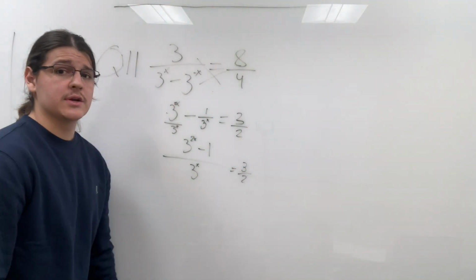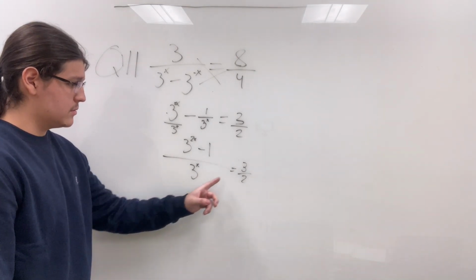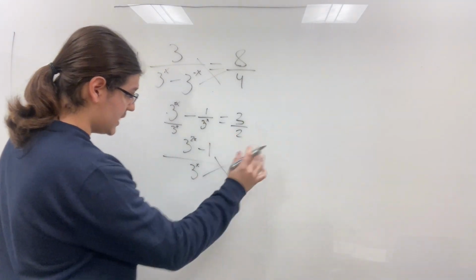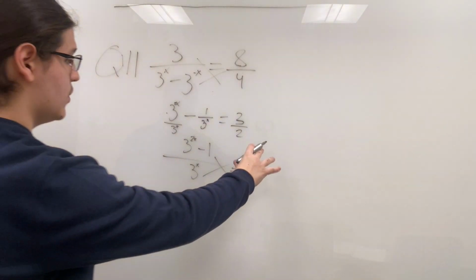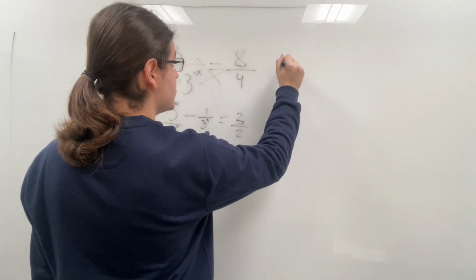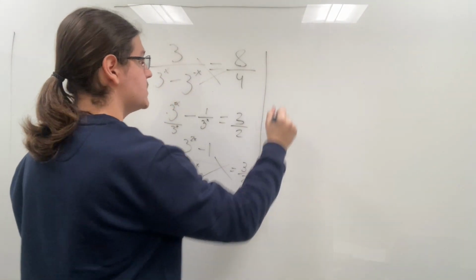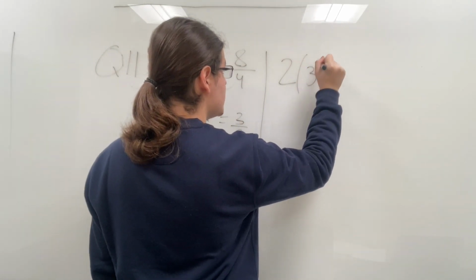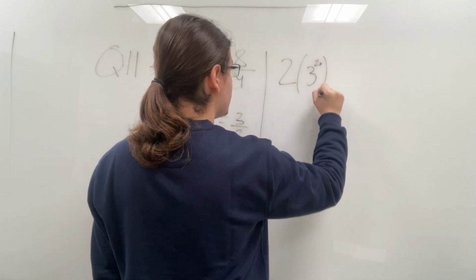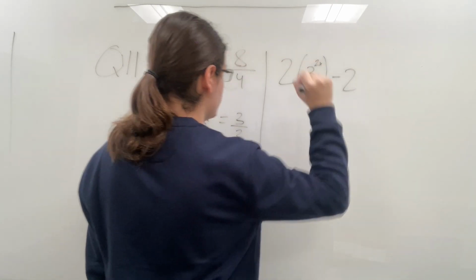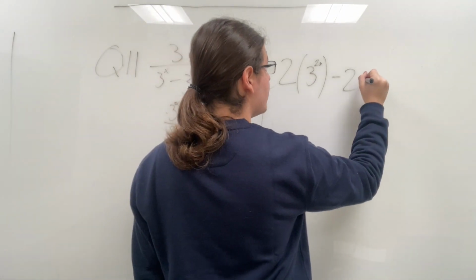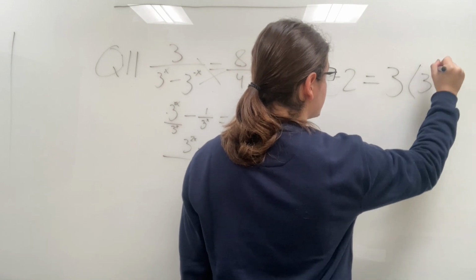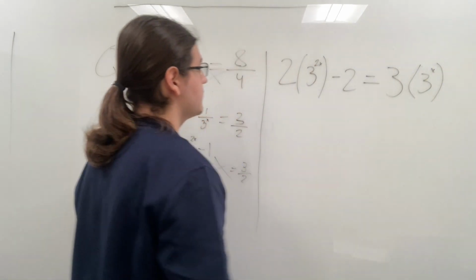We have another fraction here. I think we can cross multiply again. Equation, I'm just gonna move over here. This is just going to be 2 times 3 to the 2x minus 2 is equal to 3 times 3 to the x.